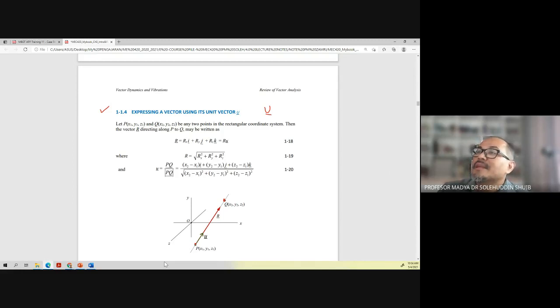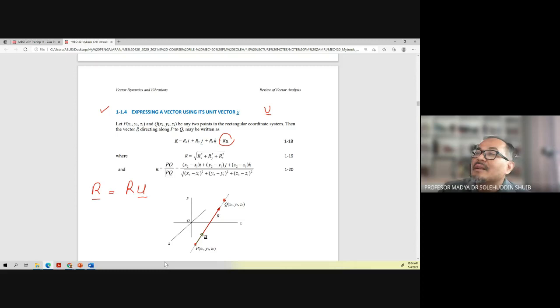So the first thing you need to do is write the value of r in general form. R equals rx i plus ry j plus rz k. So what is the value of r here?